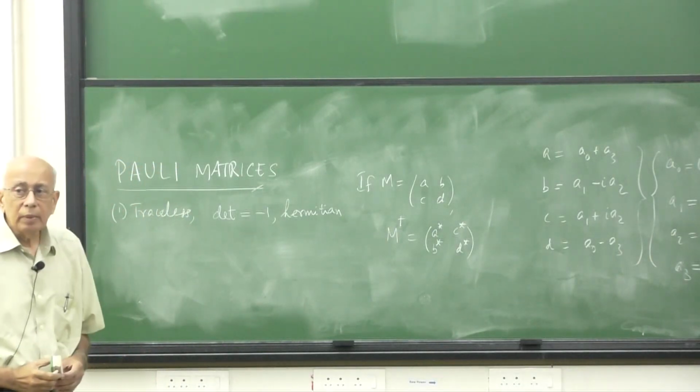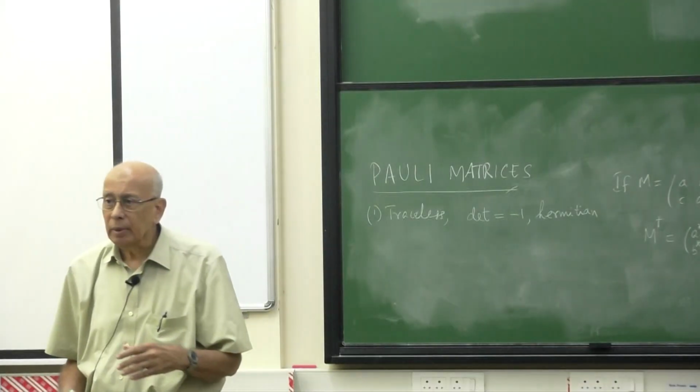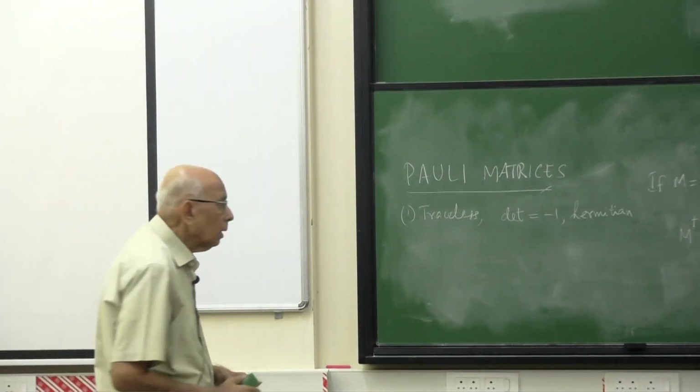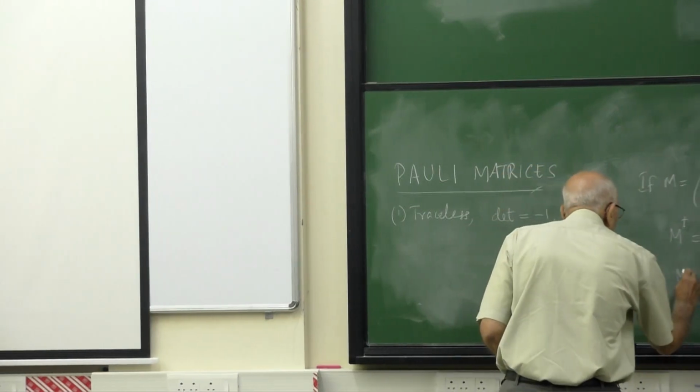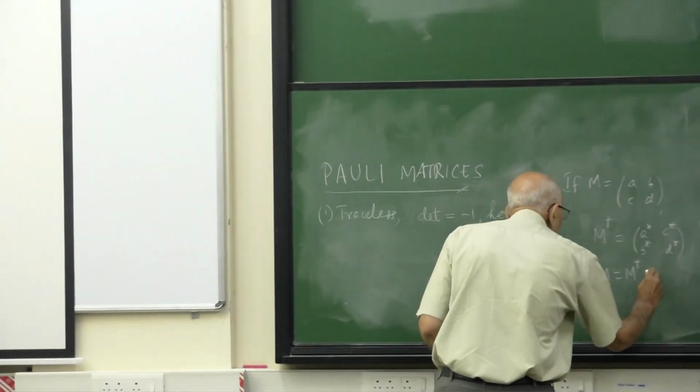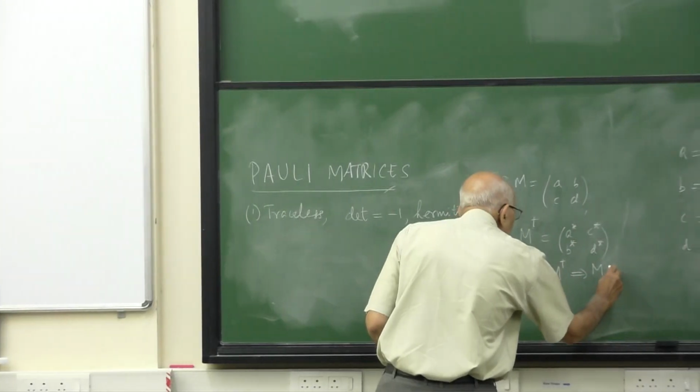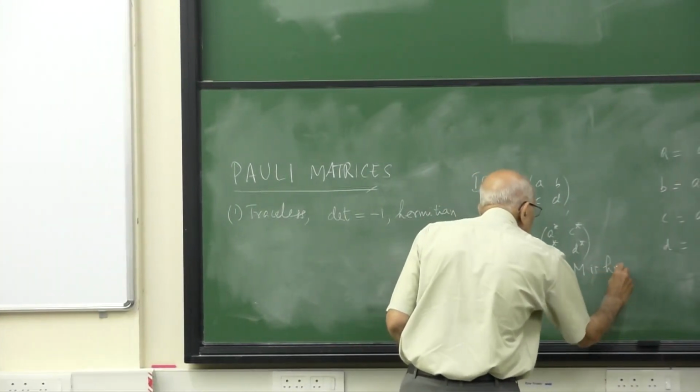When is a matrix Hermitian? When it's equal to its Hermitian adjoint. This is called the adjoint of the matrix. M equal to M dagger implies M is Hermitian.